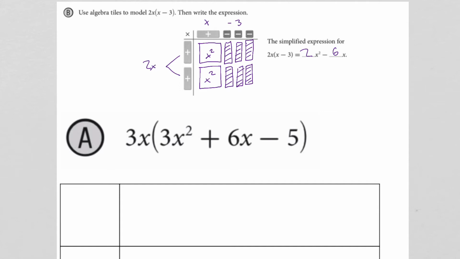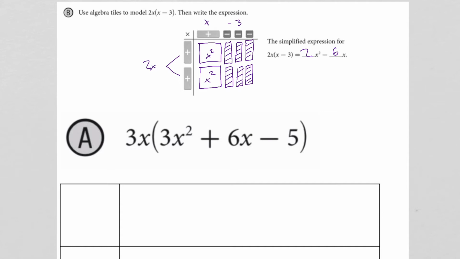So let's just keep trying some more examples. In this next example, we're going to do something different than the algebra tiles, just to learn a different way to multiply these things together.